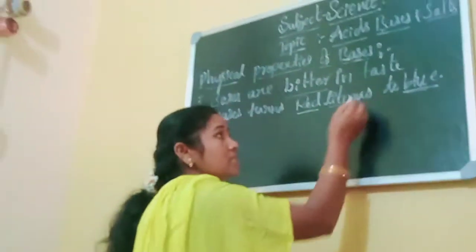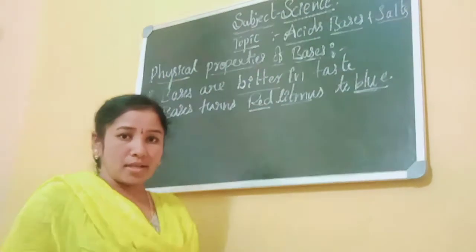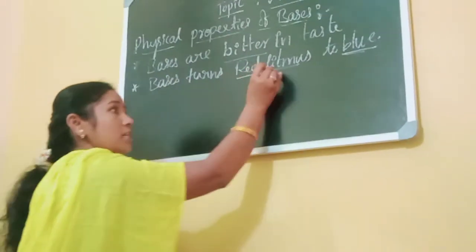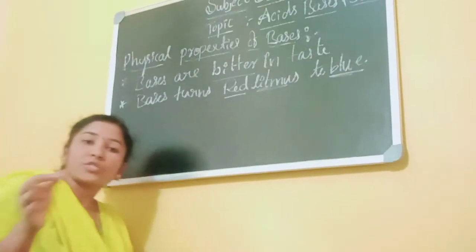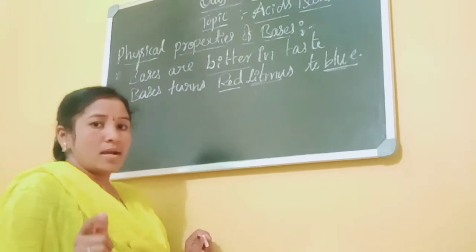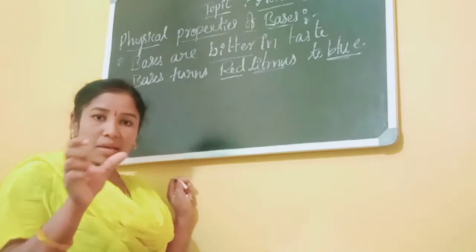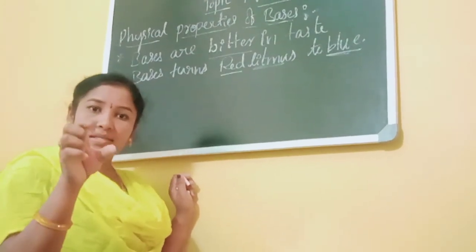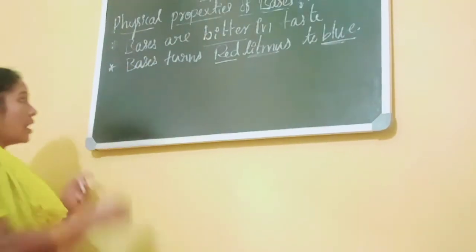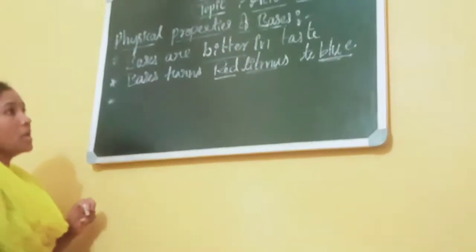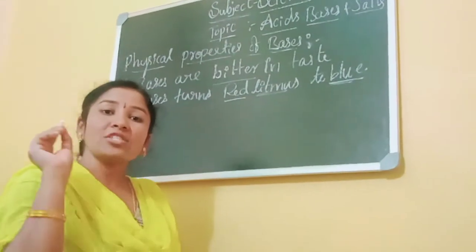By using this litmus paper, we can check whether a substance is an acid or a base. Whenever we dip this litmus paper into a base, the red color turns to blue. Understand? Whenever you dip blue litmus, it does not change. Why? Because they are bases. Bases are there in which color litmus? Blue color. Understand?